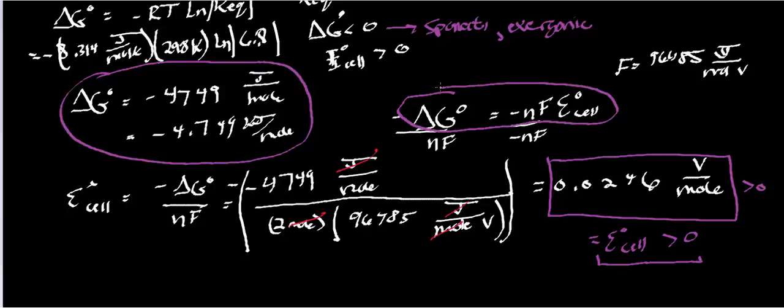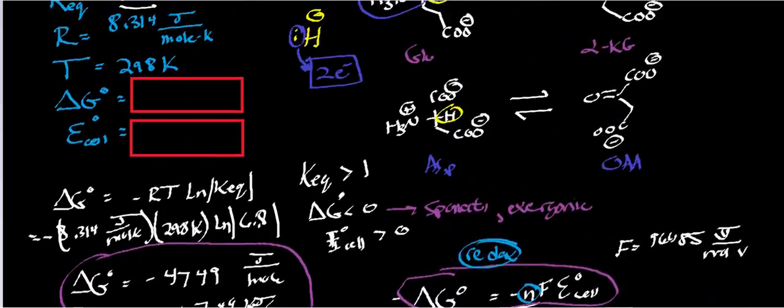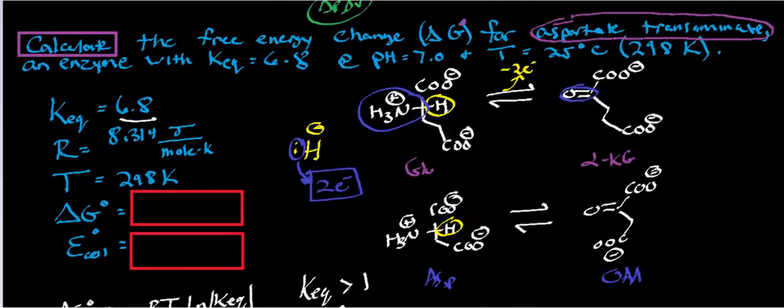This is only valid when you have an oxidation-reduction reaction, or at least a step in a mechanism that's oxidation reduction, because if it's not, then how many electrons are transferred? 0, right? And then this formula doesn't apply. So this is only valid for redox reactions. And since aspartate transaminases and transaminases in general are redox reactions, I can do that.